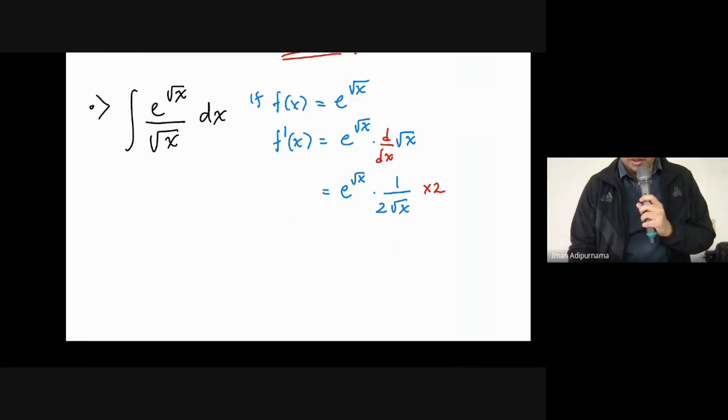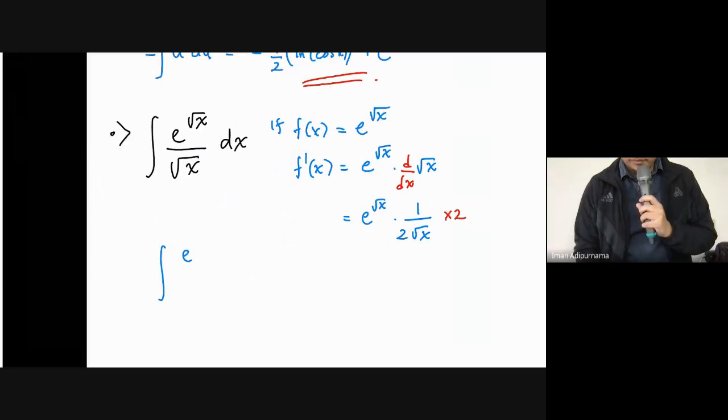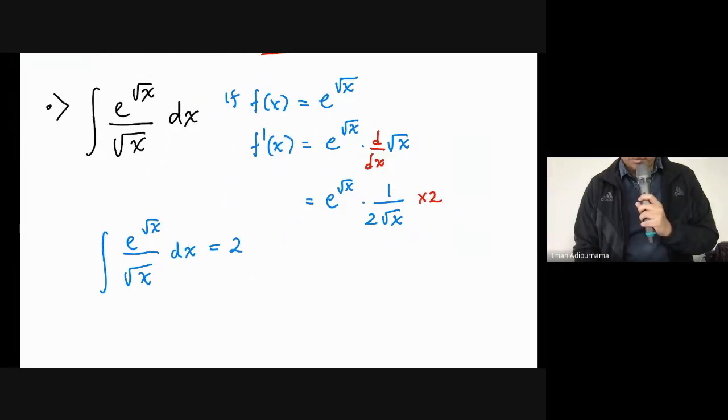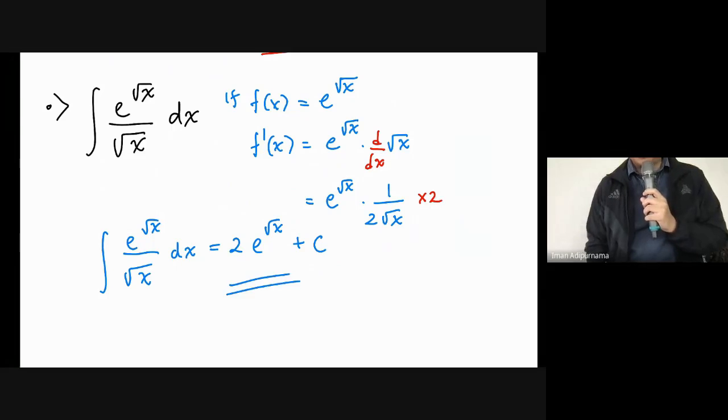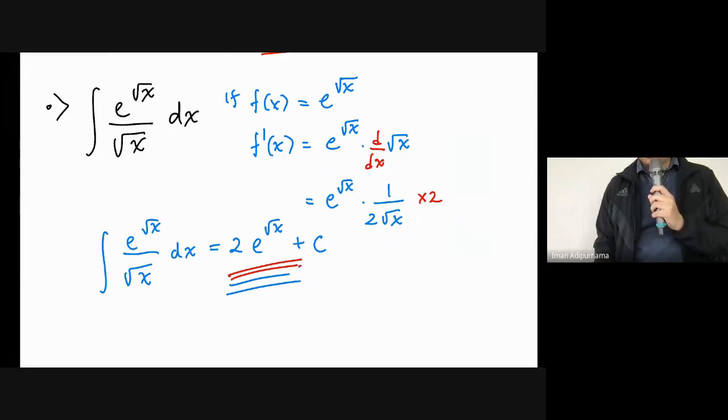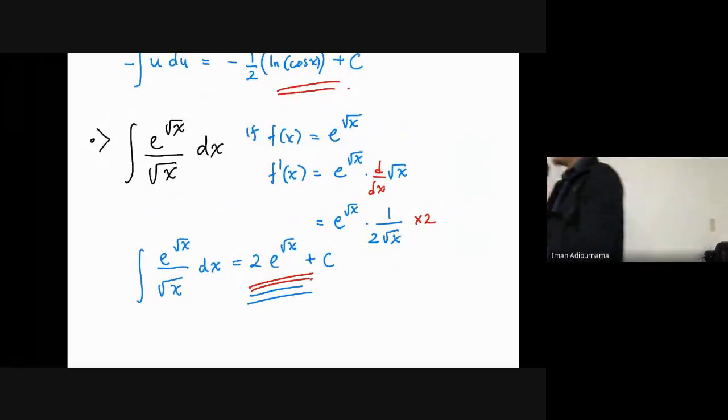So our function is actually 2e to the square root of x plus c. You can also use substitution. You can substitute the square root of x and still get the same result.